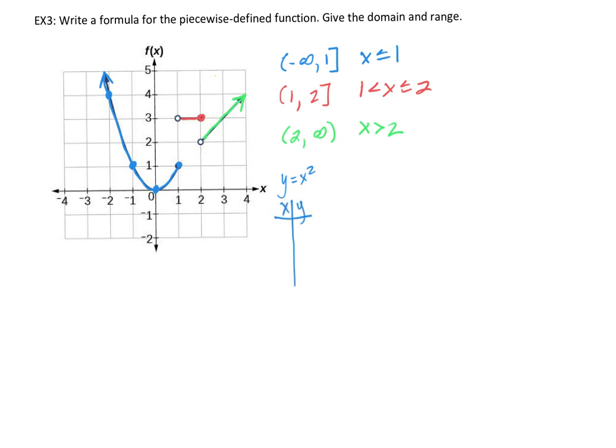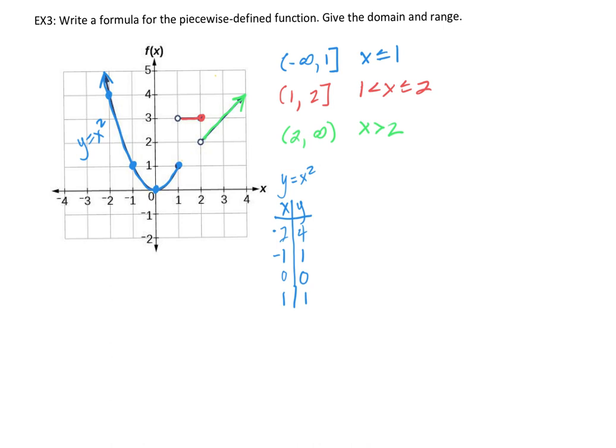If I put in negative 2 for x, I get back 4, so yes. If I put in negative 1 for x, I get back 1 for y. 0 gives me 0, and then if I put in 1 for x, I get 1 for y. So it appears that this is y equal to x squared. It has the same shape as the squaring function, and it passes through all those nice points.